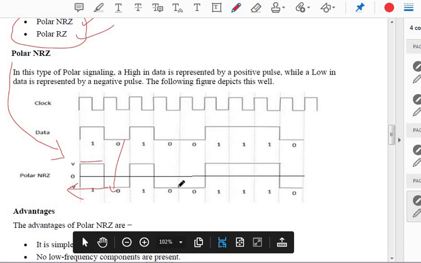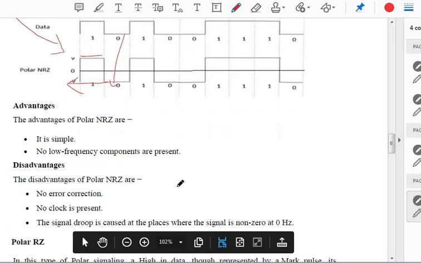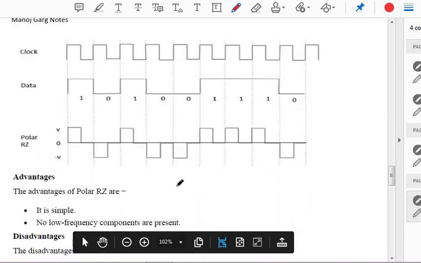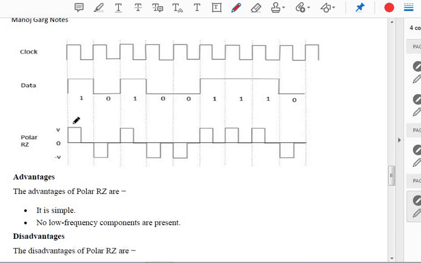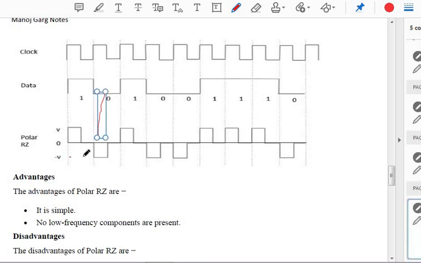But in polar RZ format, 1 is represented by positive high voltage for half duration only, and in the next half duration it becomes 0, and bit 0 is represented by negative high voltage for half duration, and in the next half duration it becomes 0 again.